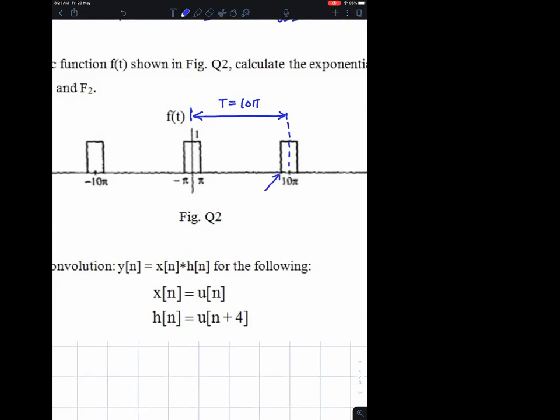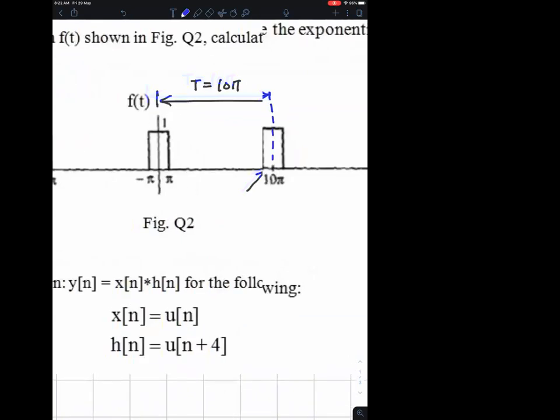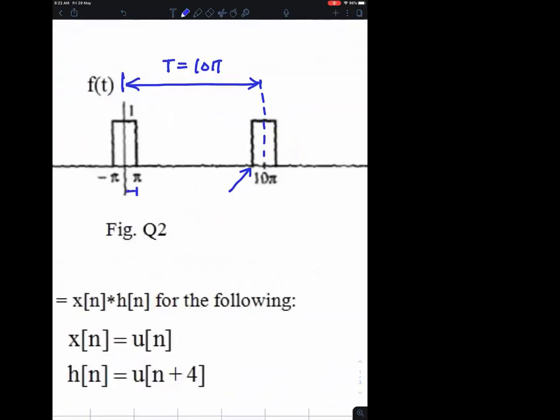This value is 10 pi minus pi, because we know the width from here to here is pi. The width from here to here is also pi. So if you subtract pi, this is 9 pi. This is 11 pi.